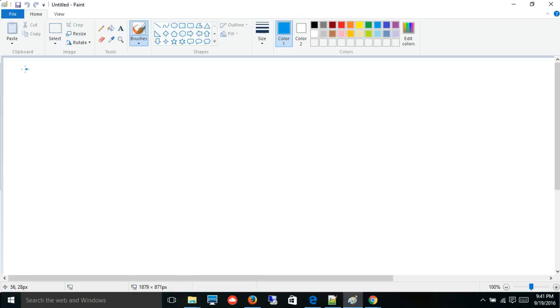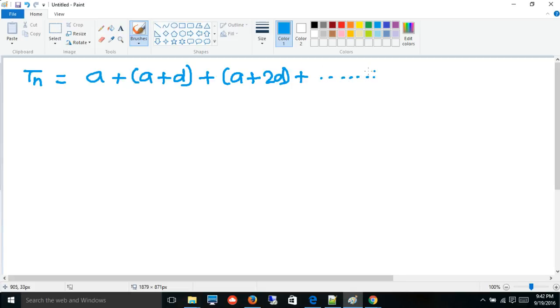If you remember, we represent our arithmetic progression like this: Tn equal to a plus a plus d plus a plus 2d plus, and so on, plus a plus n minus 2 into d, and the last term is a plus n minus 1 into d.